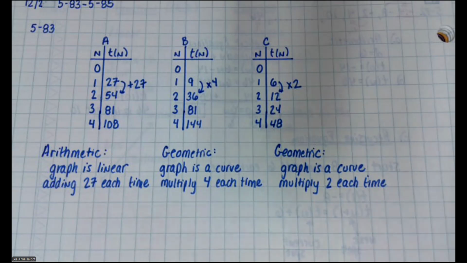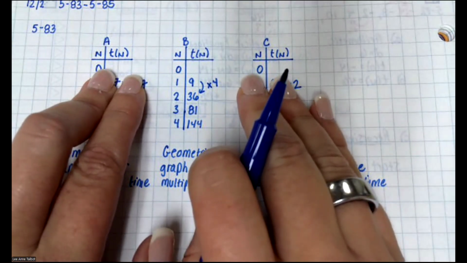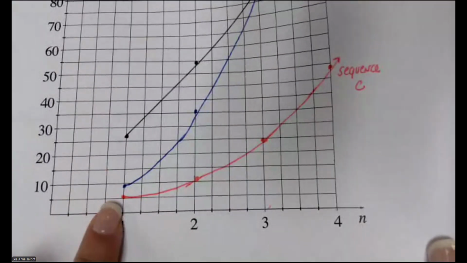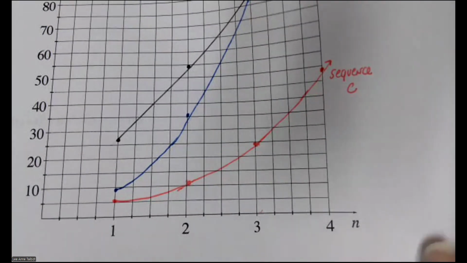Okay. Now I have a question, and it's kind of the same question in two different ways. Why did I not fill in the zeros yet? And why did I not graph the y-intercept? Yes.